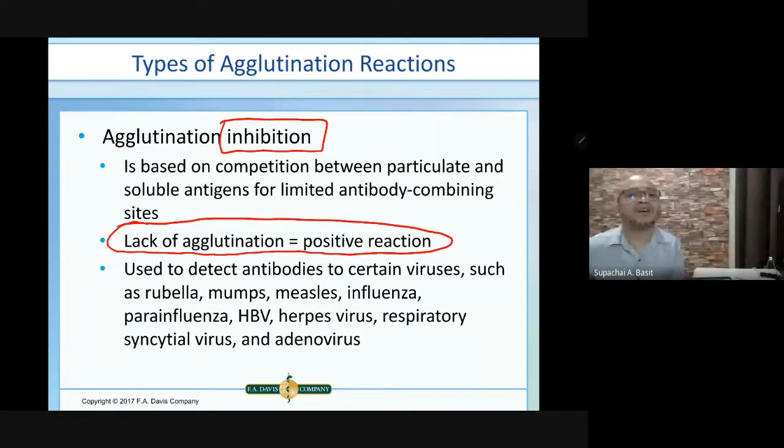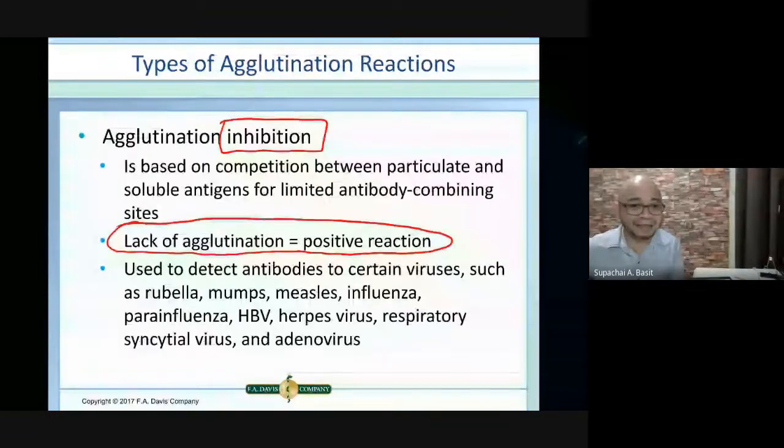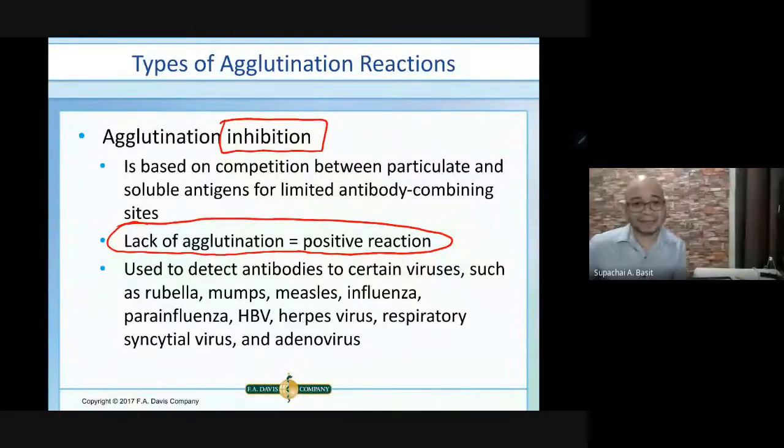Because of the competition between particulate and soluble antigen for limited antibody combining sites. It is useful for the detection of antibodies against certain viruses, such as rubella, mumps, measles, influenza, parainfluenza, hepatitis B virus, herpes virus, respiratory syncytial virus, and even adenoviruses. Okay, so that is agglutination inhibition.